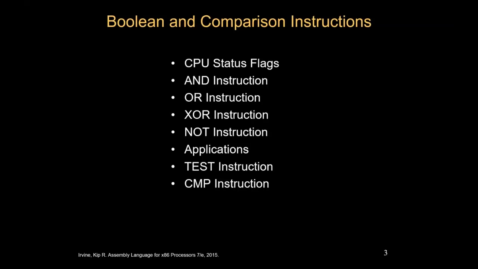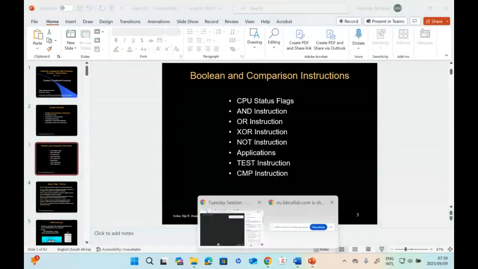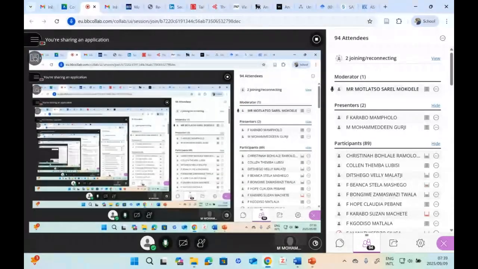Just for a recap, can anyone assist us or demonstrate how flags are triggered in assembly language?